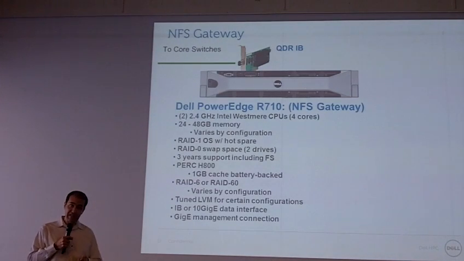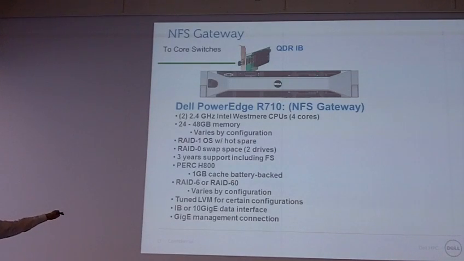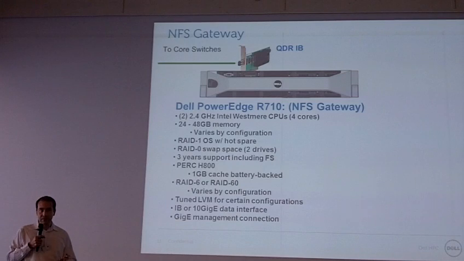And just to clarify, that RAID device is from an internal PERC card. So basically, you have the R710 server. In the R710, you have a PERC H100 card with 1 gigabyte cache. And then on the same server, you have 2 hard drives in RAID 1 configuration for the operating system.